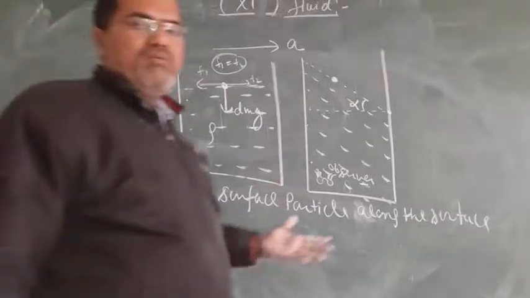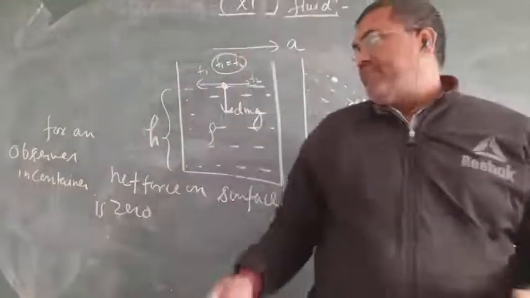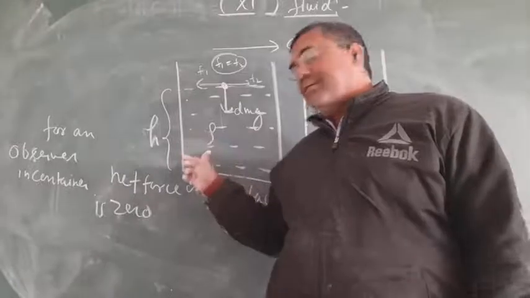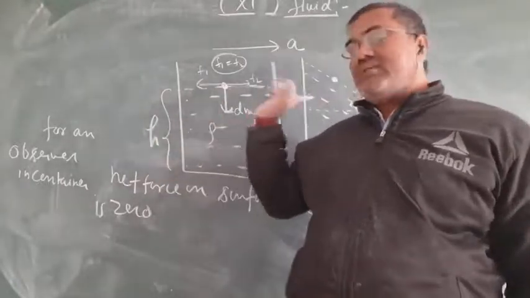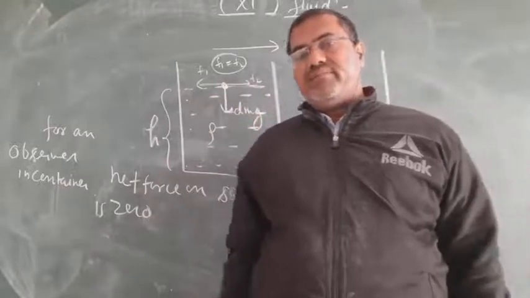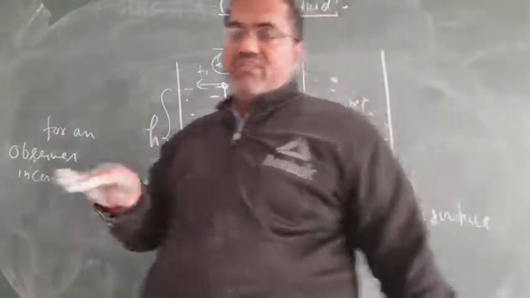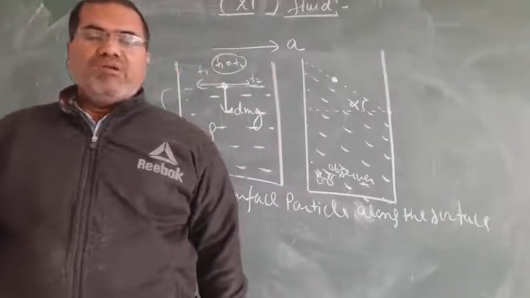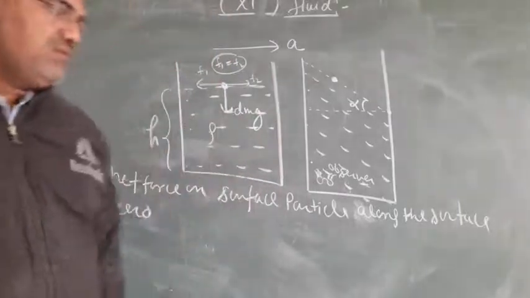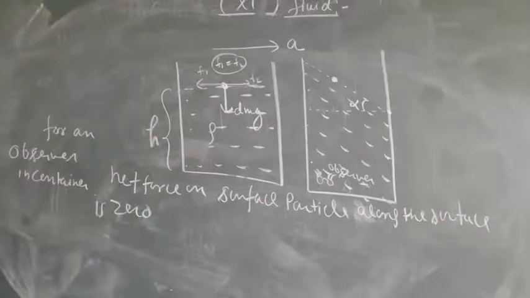Write it down. For an observer in the container, the net force on the surface particle along the surface is 0. That is, the force is perpendicular to the surface.